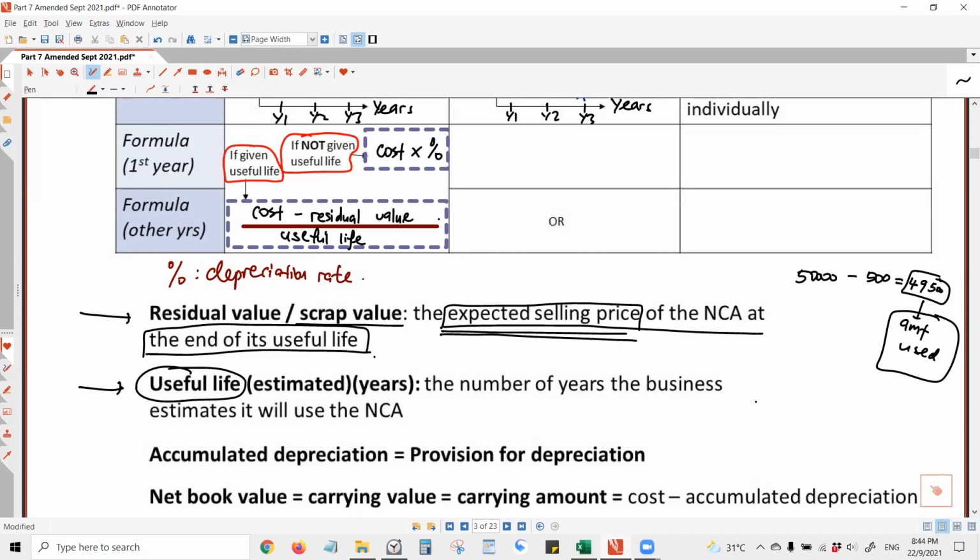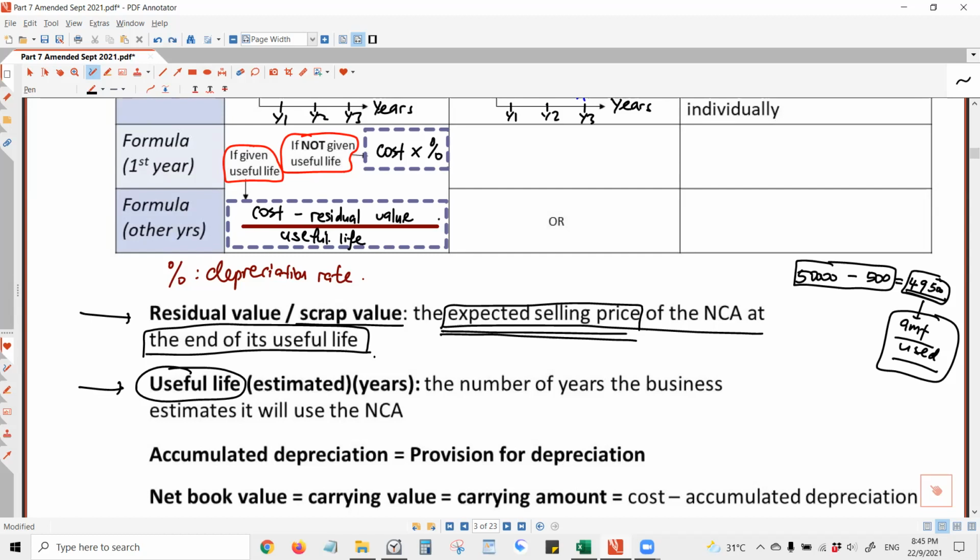Assume that you bought a furniture for $50,000, and you expect that at the end of the useful life, it is still worth $500. People want to buy it for $500 after 5 years. So you do the deduction. This amount logically represents the amount you have used throughout the 5 years. So you take this, divide it by useful life, then you would get the amount used each year. Okay, so this formula is quite logical.